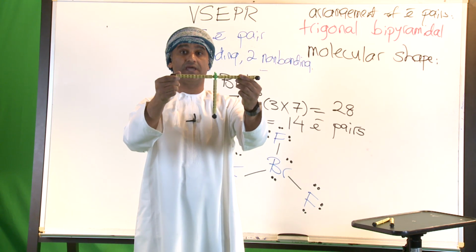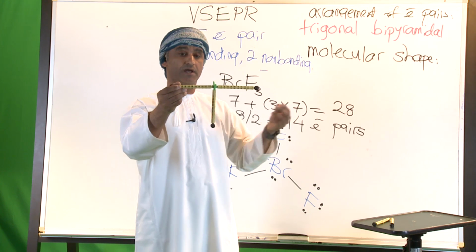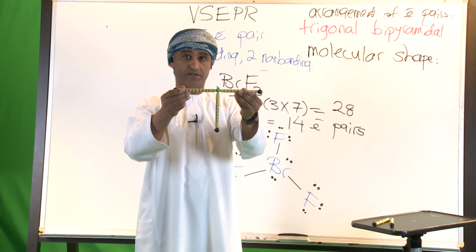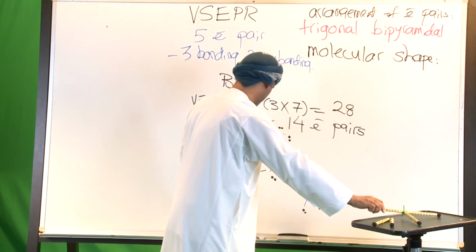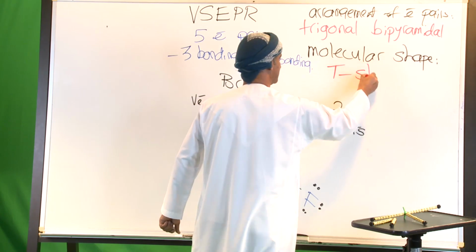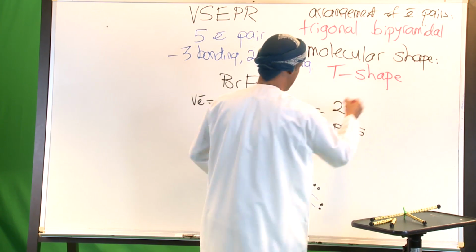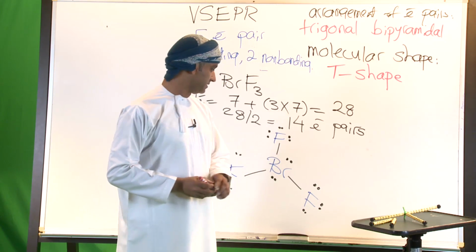So that's a T-shape, in this case of 5 electron pairs, where 2 of them are non-bonding and 3 of them are bonding. So let's write that down. The molecular shape is now T-shape, to account for the presence of the 2 lone pairs of bromine.